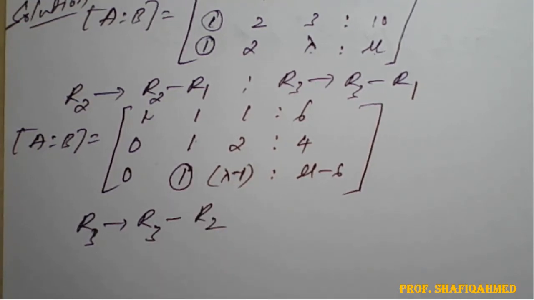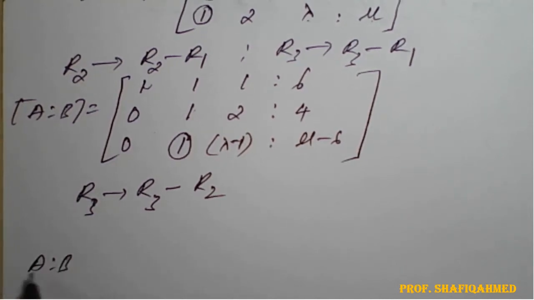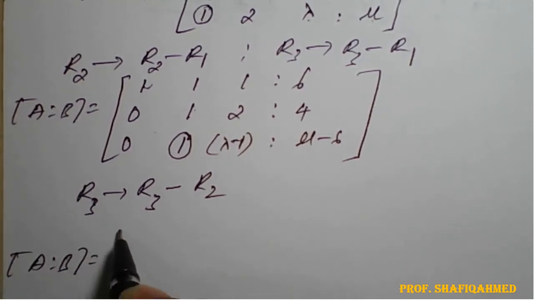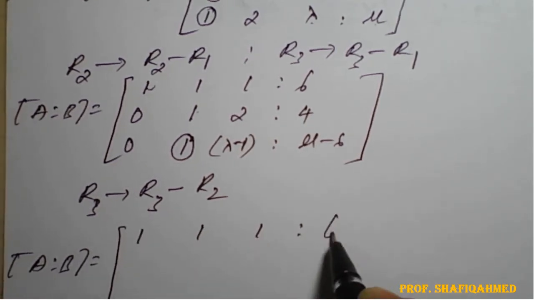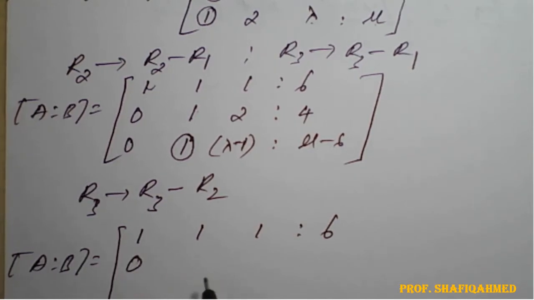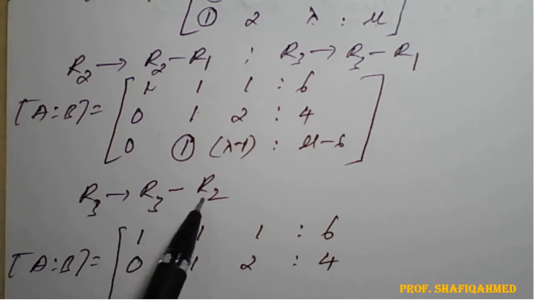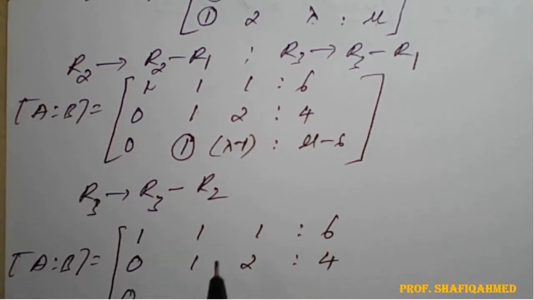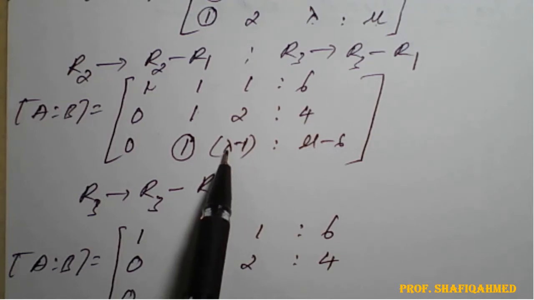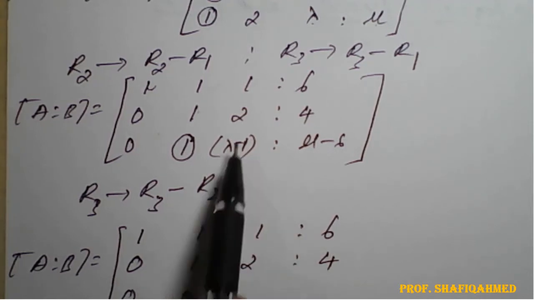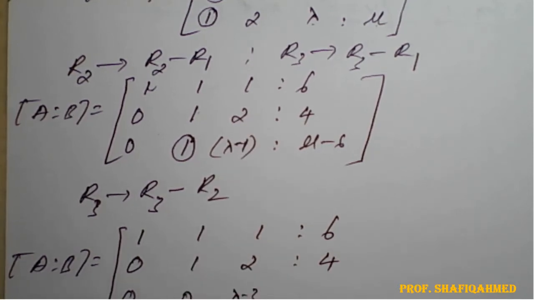The augmented matrix AB is: first row as it is, 1 1 1 equal to 6; second row as it is, 0 1 2 equal to 4. For R3 minus R2: 0 minus 0 is 0, 1 minus 1 is 0, and lambda minus 1 minus 2 becomes lambda minus 3. See the calculation correctly.